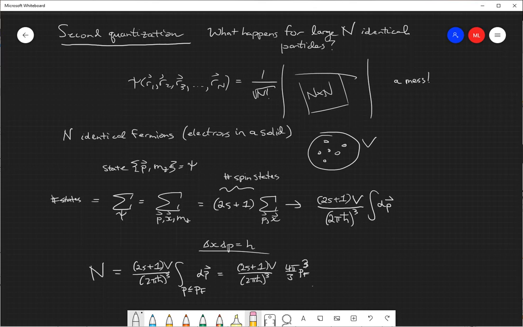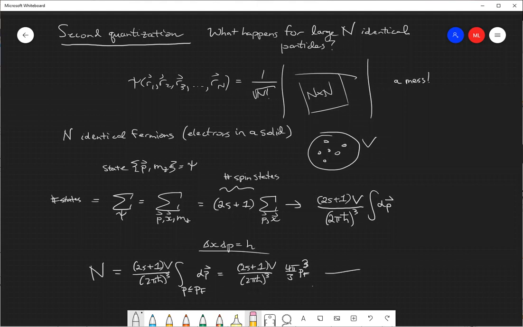out to size p_F, which is the Fermi momentum. And so what does it mean? It means that we can actually solve for the Fermi momentum. We can figure out what it is as a function of the volume in which you put the particles and the number of the particles.